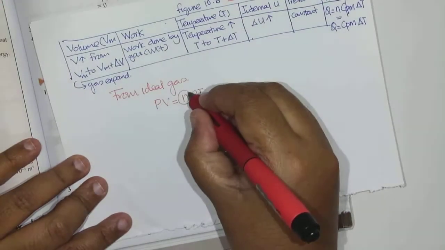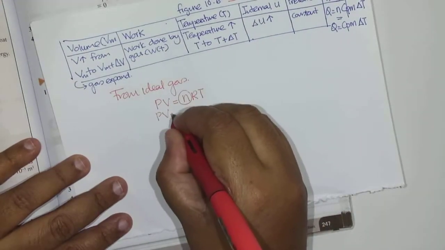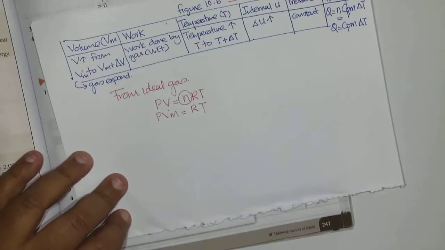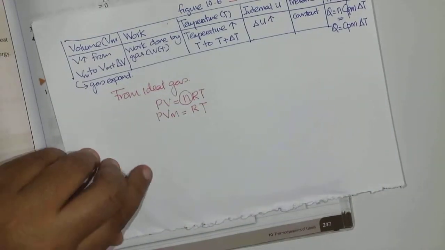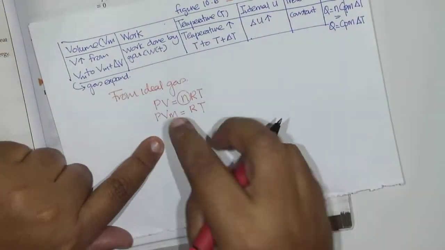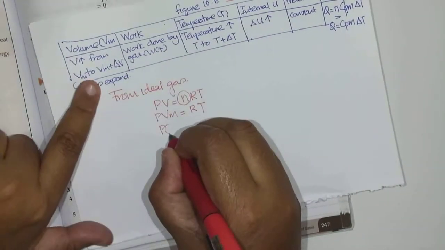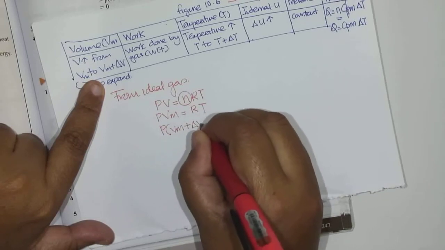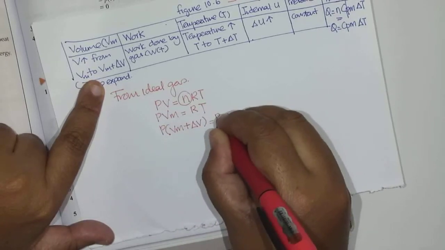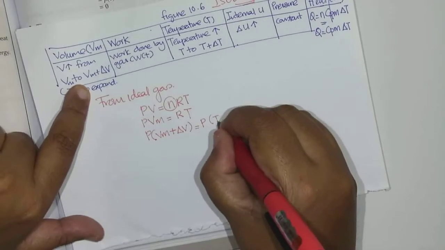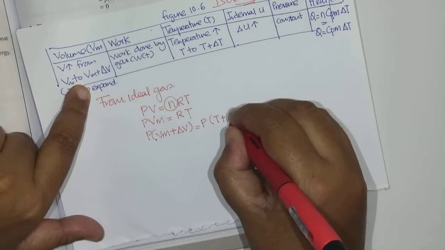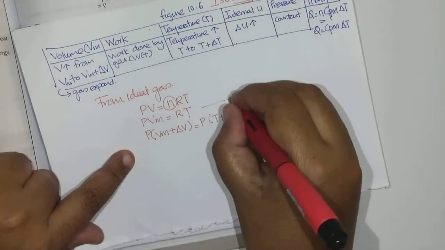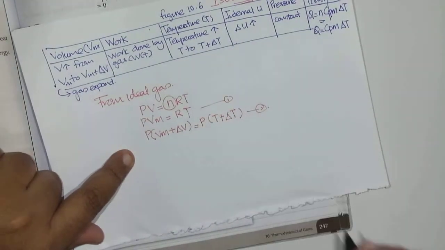Since n is 1 mole, it becomes PVm equals RT. Then we substitute this value inside here: PVm is what? Vm plus delta V, and T is T plus delta T. This is state 1, this is state 2.